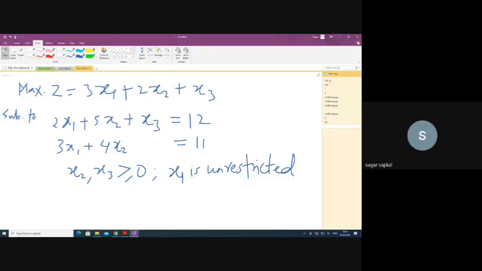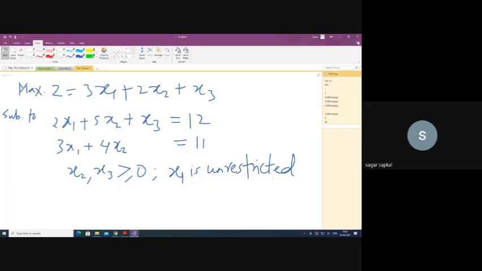Though I am getting some profit and I am selling the products only, positive number of products, not a negative number of products, still my decision variable value is negative. So this kind of case may happen in practice. Sometimes in rare cases, but the possibility is there.